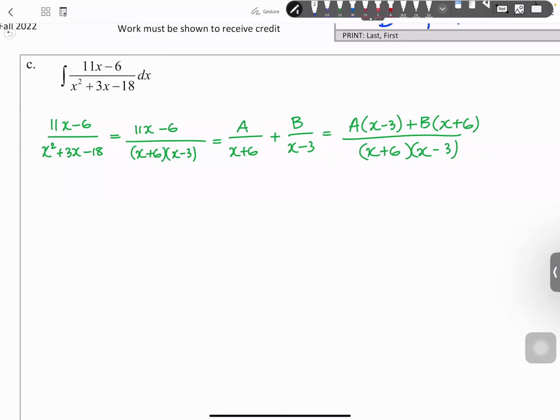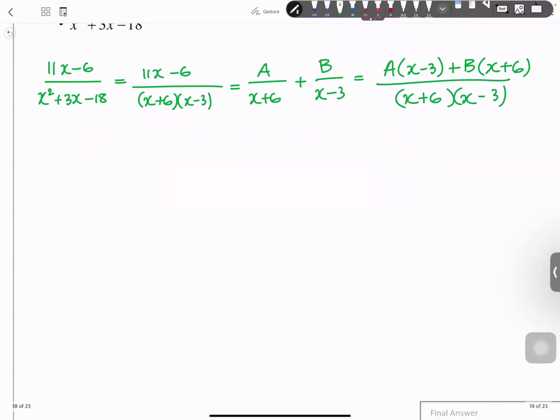So this gives 11x minus 6 is equal to A times x minus 3 plus B times x plus 6. That equation is going to allow me to solve for A and B.